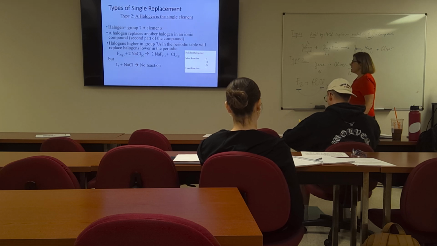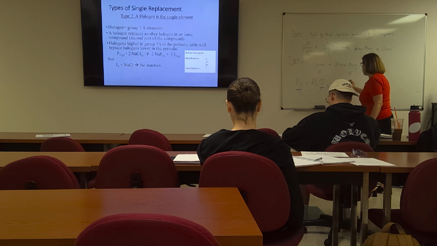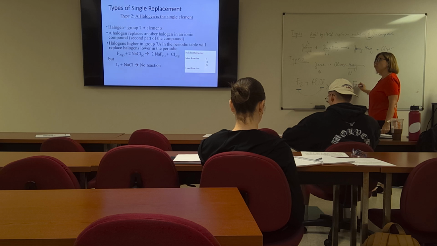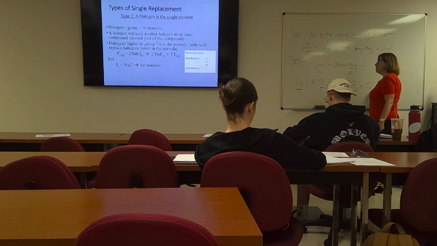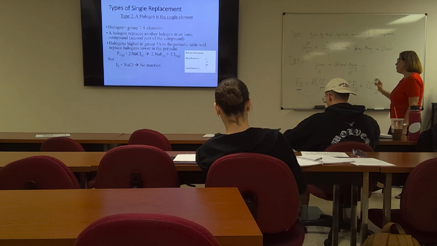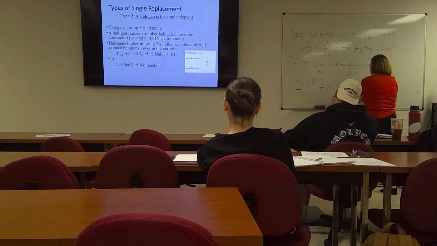So in this case, fluorine is above chlorine, okay, so I'm going to make the switch. So I'm going to put aluminum now with fluorine together to make aluminum fluoride, and remember the charge is 3 for aluminum drops here. And chlorine will go by itself. When it goes by itself, it turns into a 2. So always remember, do not carry these subscripts from one side of the reaction automatically to the other side.